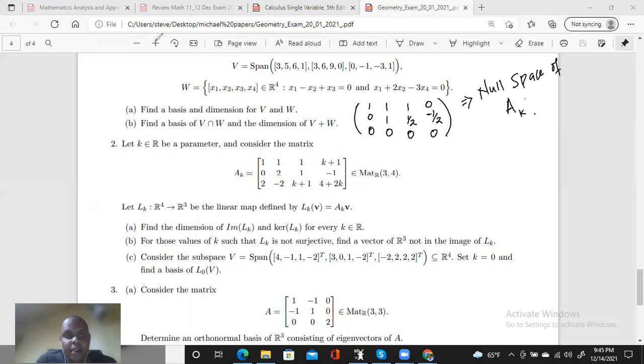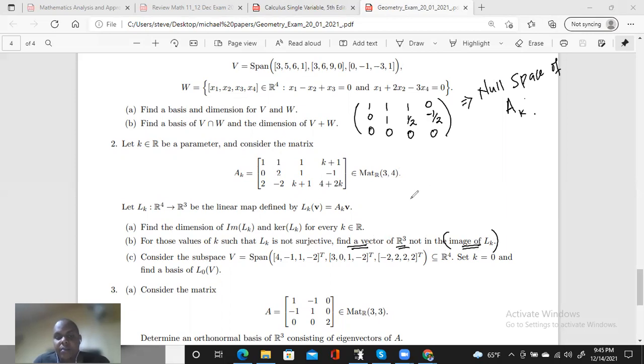Because we want to find a vector in R3 that is not in the image of LK. So if the vector is not inside the image, it has to be in the kernel of that matrix. So finding a vector in the kernel is going to give us a vector that is not in the image.